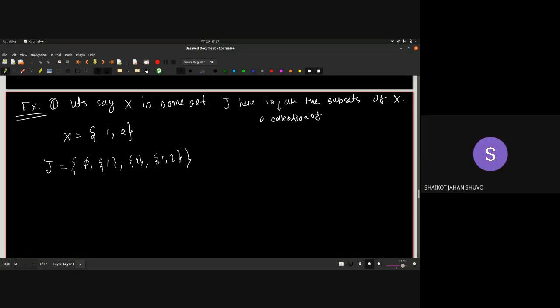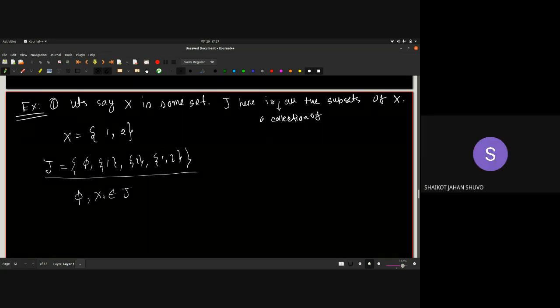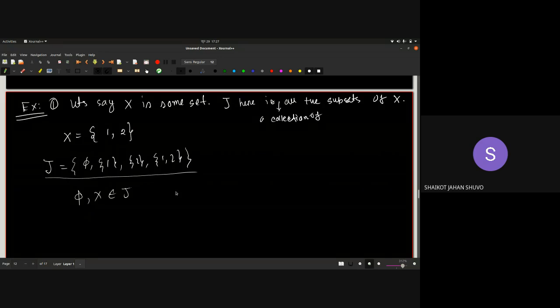From this collection you can see that phi and X, which is 1 2, belong to tau, right? Take their arbitrary union, that also belongs to tau. And take their finite intersection, do they belong to tau? Yep. So all three conditions are satisfied.